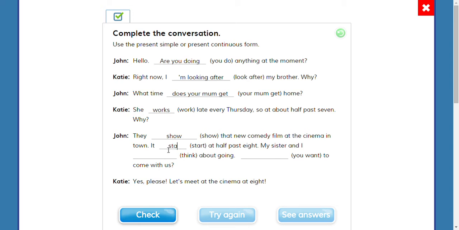It starts at 8:30. So remember the present simple with facts or maybe with schedules, no? Schedule means horarios. My sister and I about going. So we're thinking, are thinking about going.